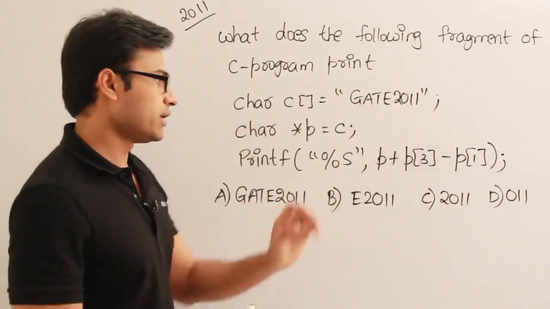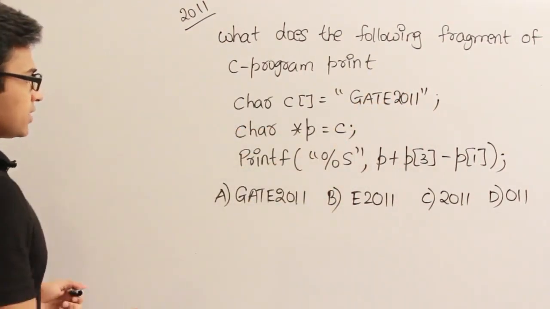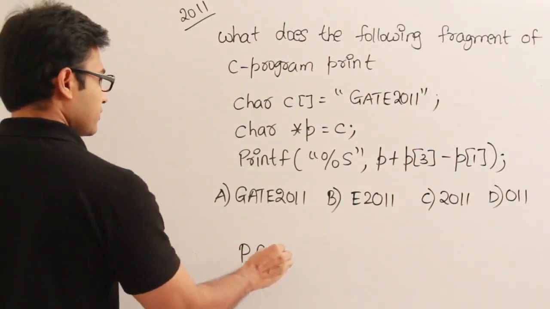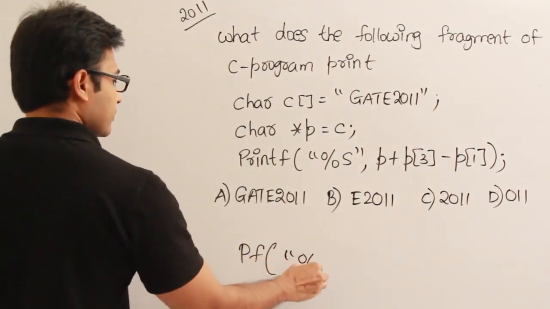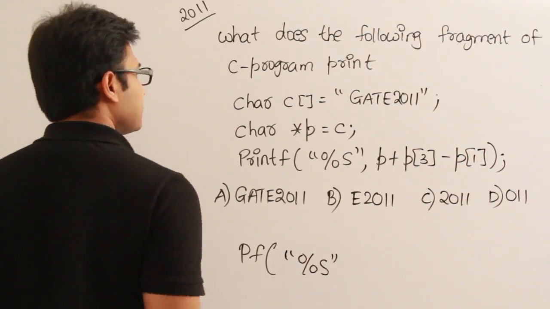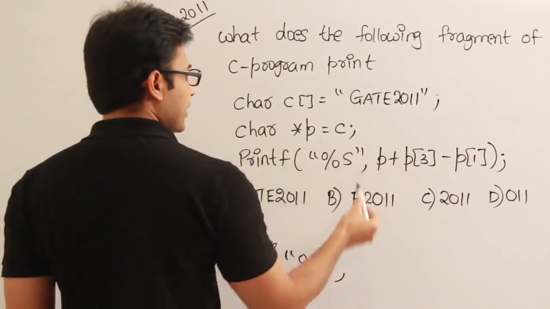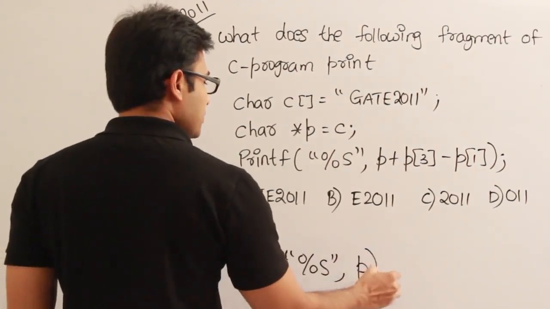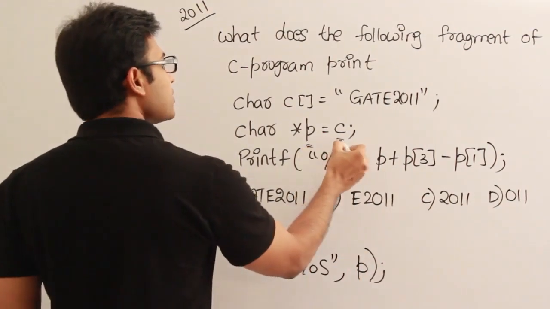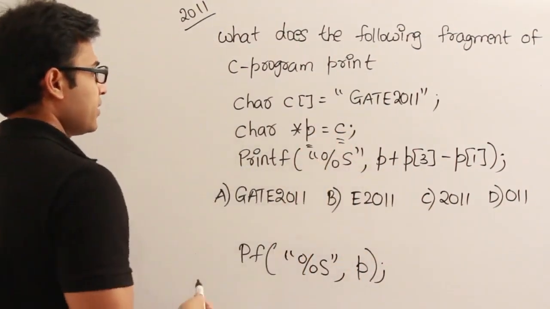Suppose the expression were just printf %s, let us say p. What is p here? P is the pointer which is pointing to the beginning of the character array. I think you remember this.